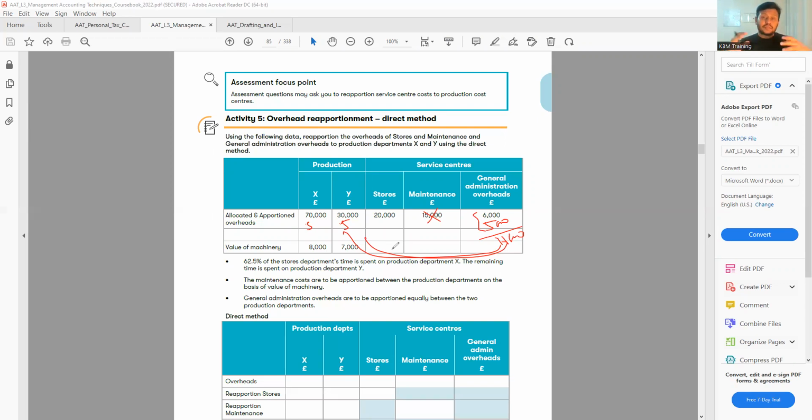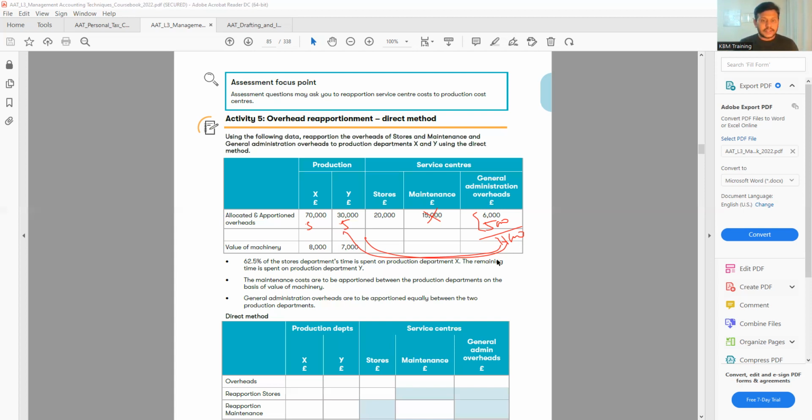And later on, we have to move it. So the direct method means the service department goes straight away to the production department, but in the indirect or step down method, first one department is split to all the departments, even service, then after that it will move to the production, but eventually it will move to the production. Anyway, let's look at the example. Maybe we'll understand more after.